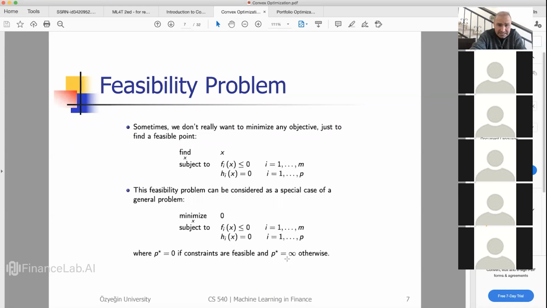And in this case, we try to minimize 0. If we find a solution, then this problem is feasible. If we find any solution, it doesn't need to be optimal here because we don't have any objective function, then that's called feasible. And if we cannot find any solution, then the problem becomes infeasible.